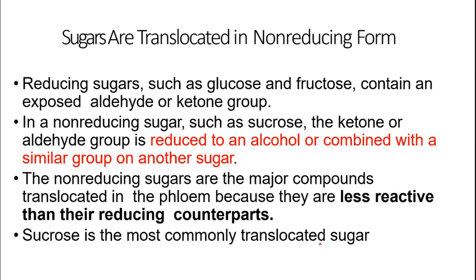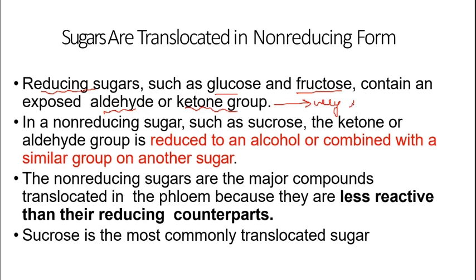Now the sucrose which is transported is a non-reducing sugar. Glucose and fructose are the reducing sugars. These reducing sugars have an exposed aldehyde or ketone group, so they become very reactive.